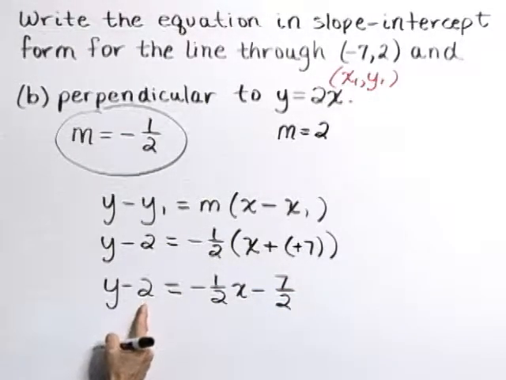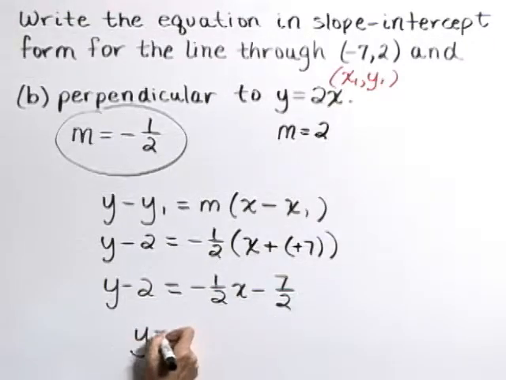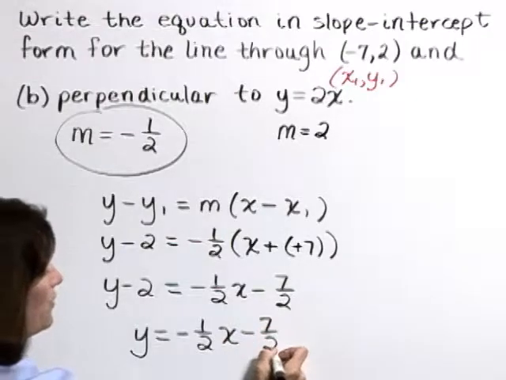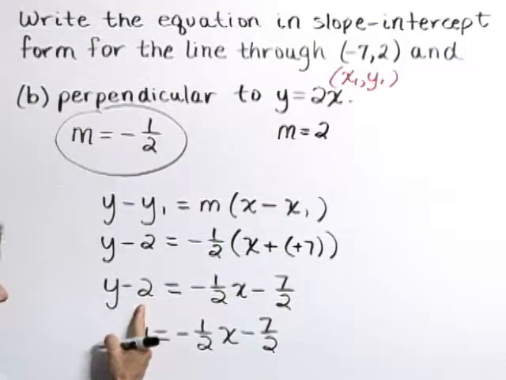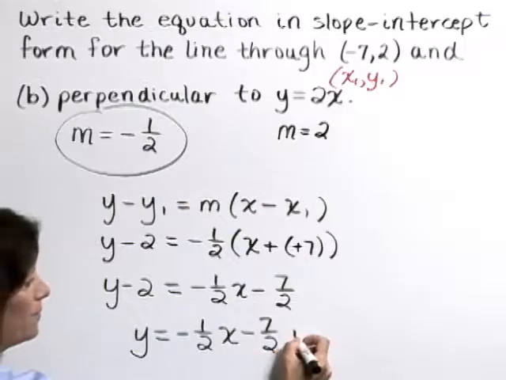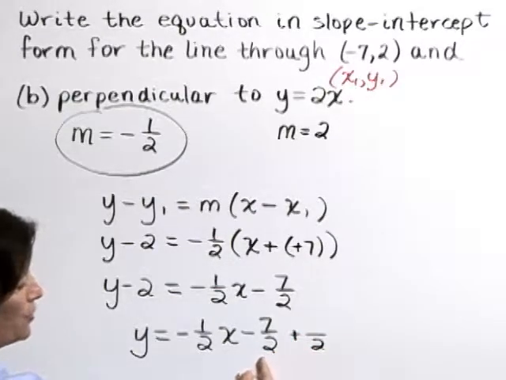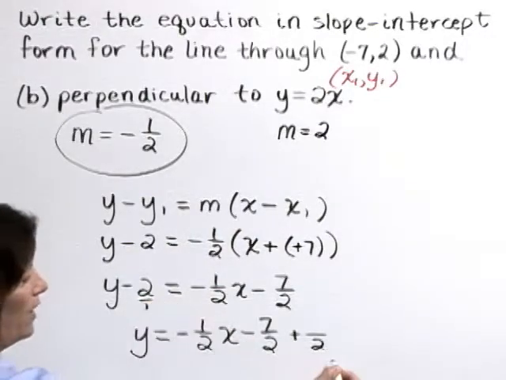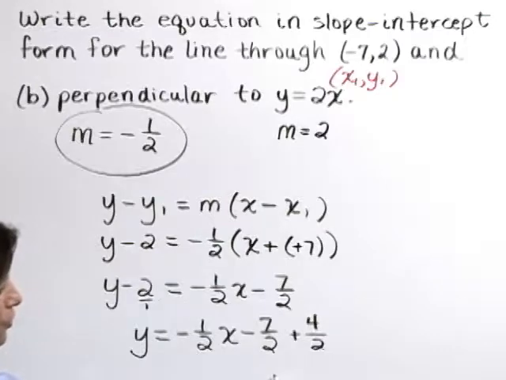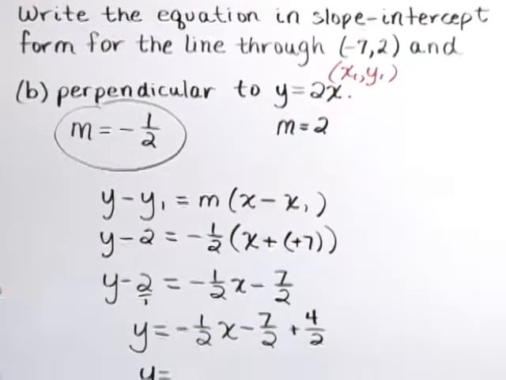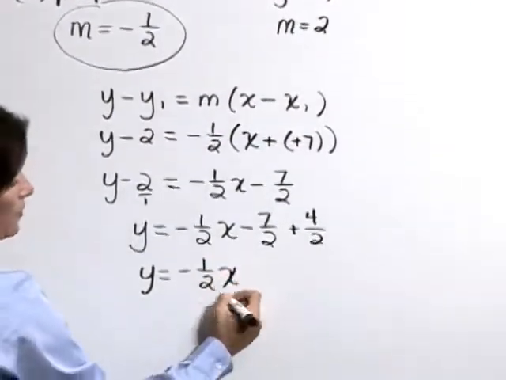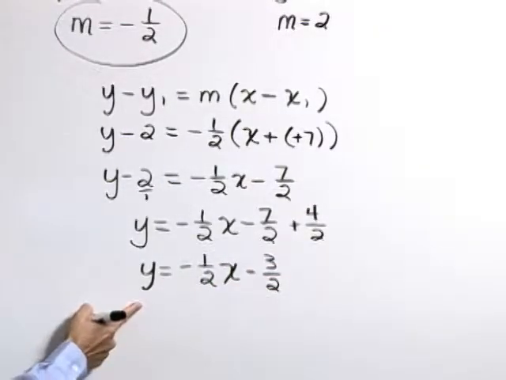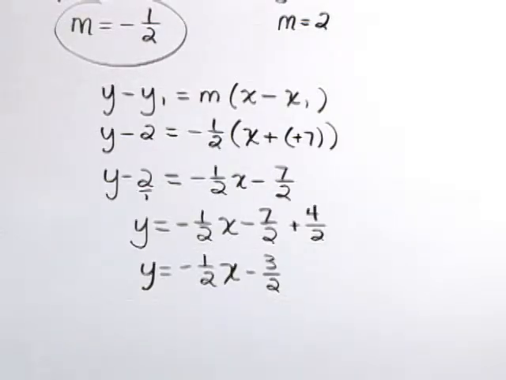Let's isolate y by adding 2 to both sides, giving y is equal to negative 1/2 x minus 7/2, and as we bring this positive 2 over, let's write it with a denominator of 2 so we can combine these two values. 2 over 1 is equal to 4 over 2. Thus, y is equal to negative 1/2 x minus 3/2. So our answer to part B is y equals negative 1/2 x minus 3/2.